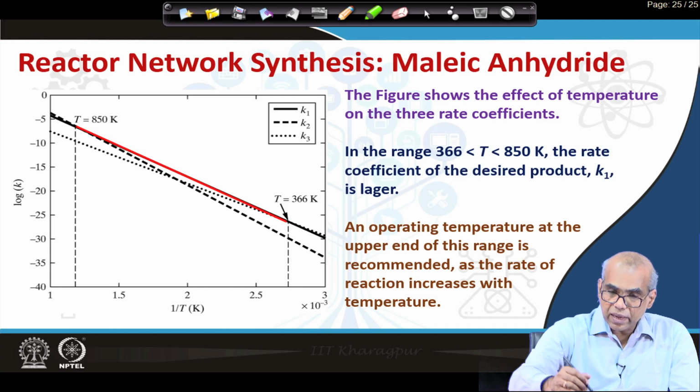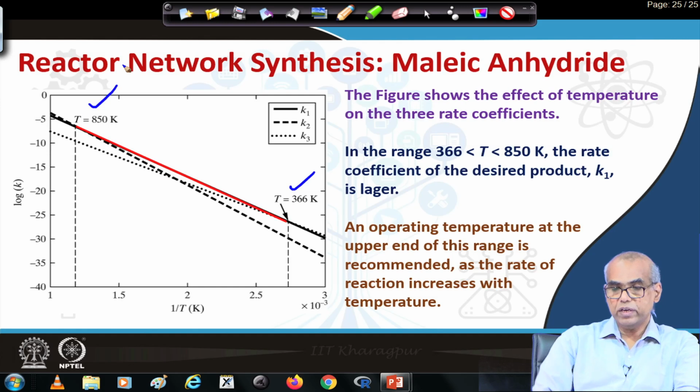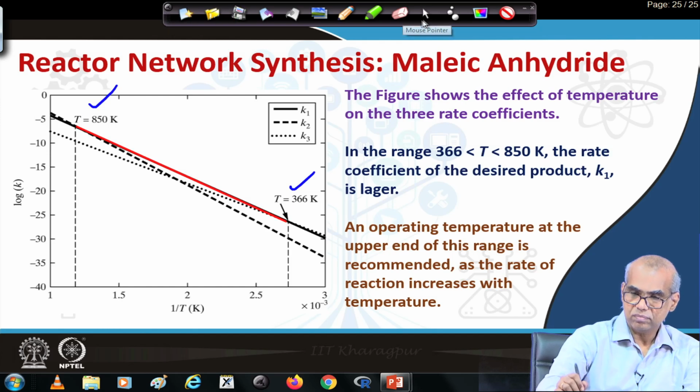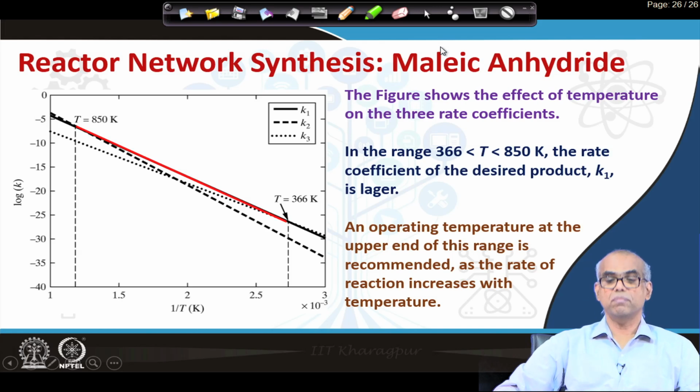So, we see that in the range of 366 Kelvin to 850 Kelvin, the rate coefficient of the desired product K1 is larger compared to other rate constants K2 and K3. So, an operating temperature at the upper end of this range is recommended as the rate of reaction increases with increase in temperature.